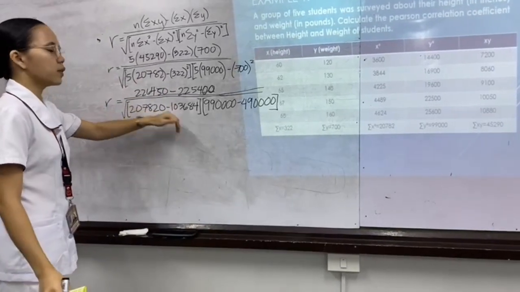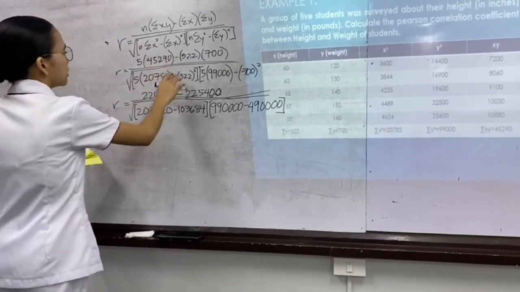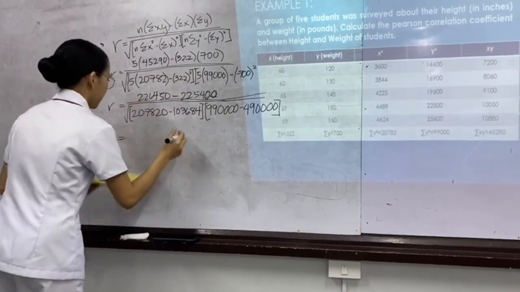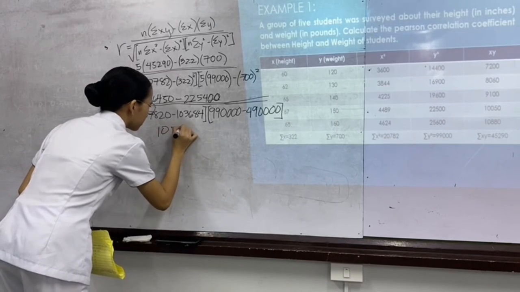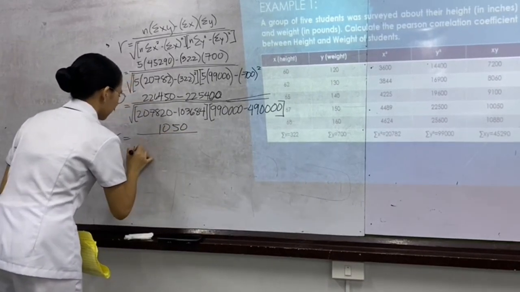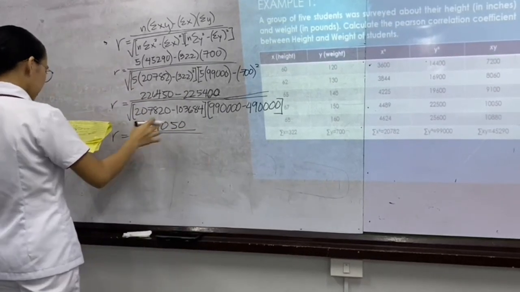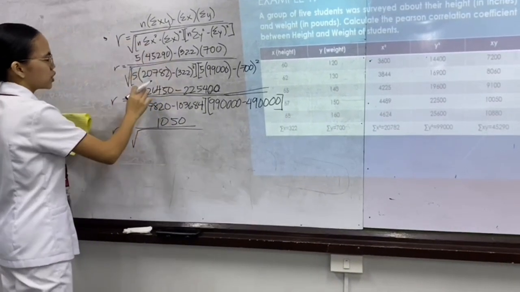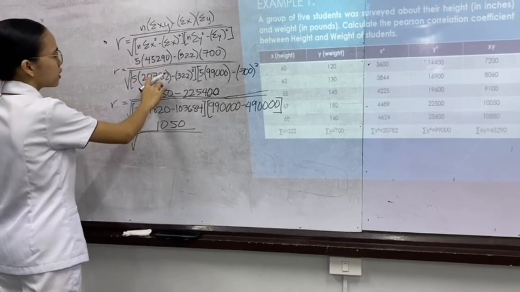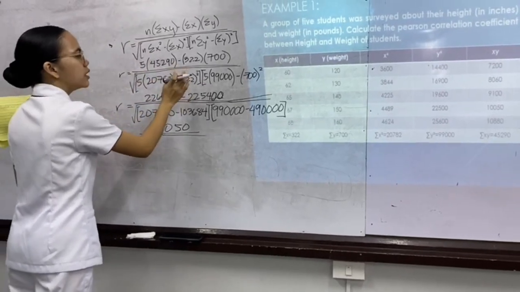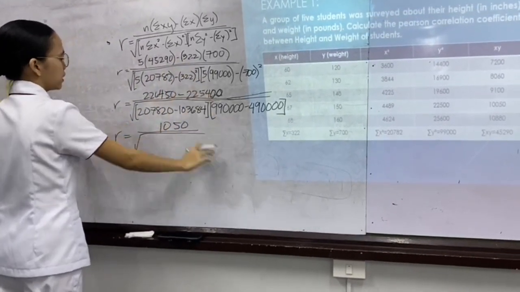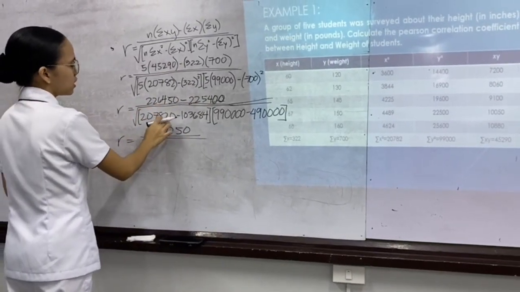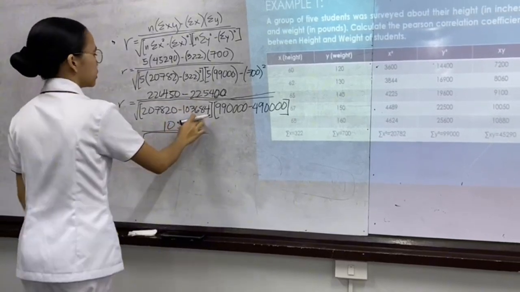After calculating, we will now subtract. Subtract the first two numbers in the numerator. You will get 1,050. Subtract 5 multiplied by the summation of x squared, 20,782, and 322 raised to the second power: 207,820 and 103,684.